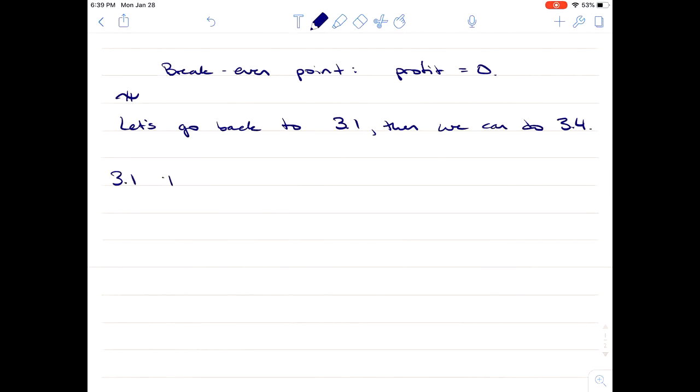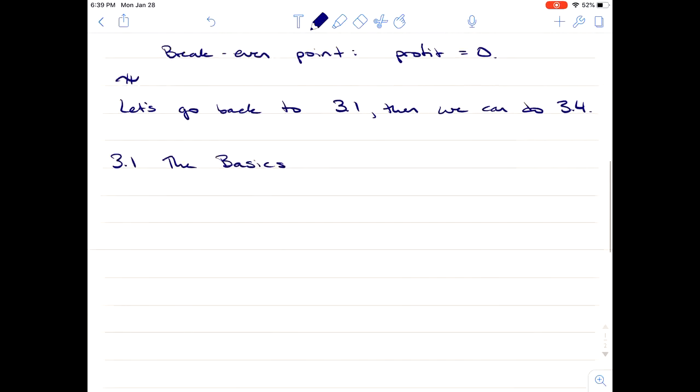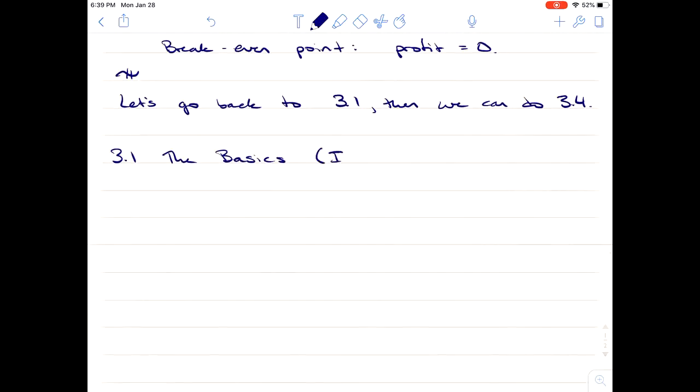3.1 is called the basics. It's actually not really. It's an introduction to calculus. If you were to go ahead and read 3.1 and 3.4 in the textbook, maybe they'll make sense, maybe they won't.